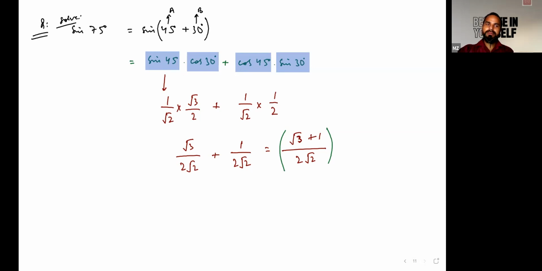There is one more term regarding this. First of all, write it down. Okay. You may write this particular answer as bracket √3 plus 1 divided by 2 times √2.